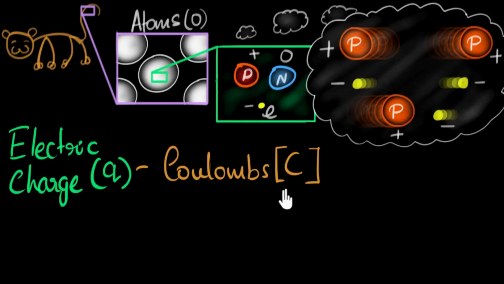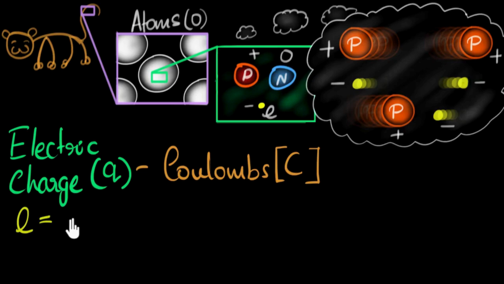And to give you a sense of how big a coulomb is, it turns out that the charge on an electron or a proton is a very, very small fraction of a coulomb. If you were to look at the charge on an electron, which we usually represent as e, it turns out to be so small.